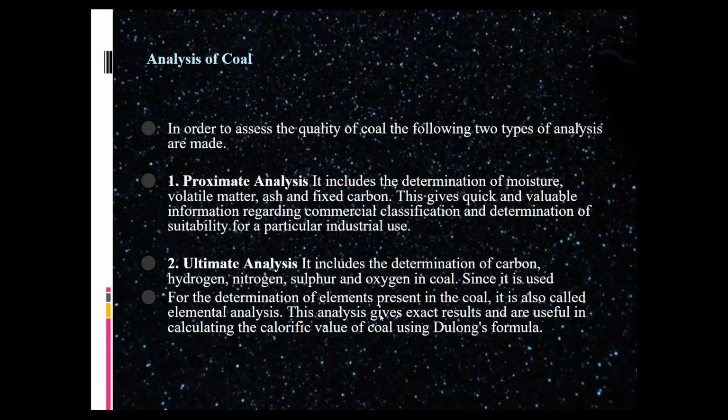And this analysis gives exact results and is useful in calculating the calorific value of coal using Dulong's formula. And this Dulong's formula we will see in the next class. Especially Dulong's formula is used to find out the calorific value. In this formula, we are going to include the percentages of all these elements.